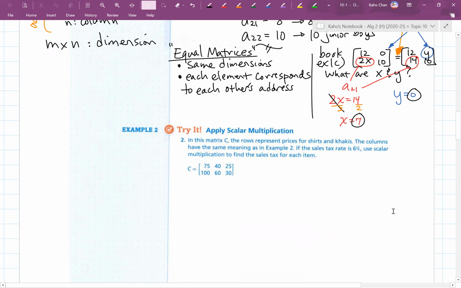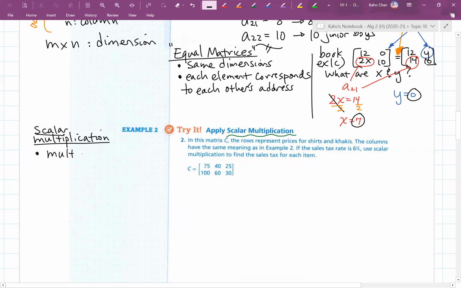The next example talks about something called scalar multiplication. Interesting. Well, you're probably wondering, isn't multiplication just multiplication? Kinda. In the next section, 10-2, you'll learn something called matrix multiplication, which is very different from scalar. Scalar is a little easier. Let's talk about that really quick. Scalar multiplication. This is where multiplication of each element is by a single real number called a scalar.